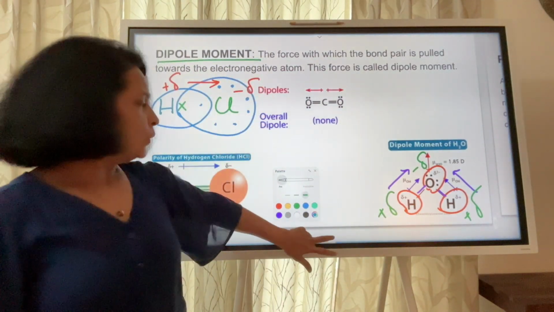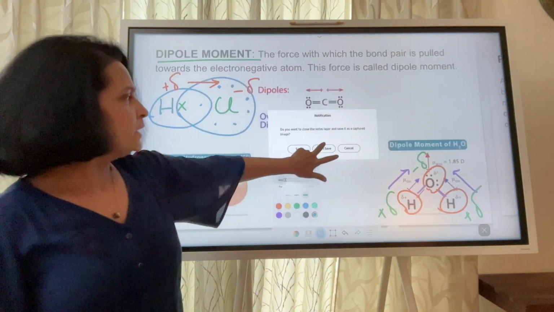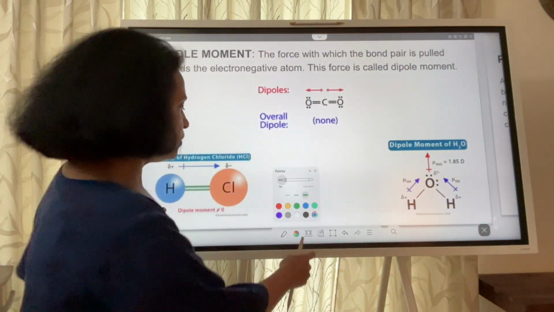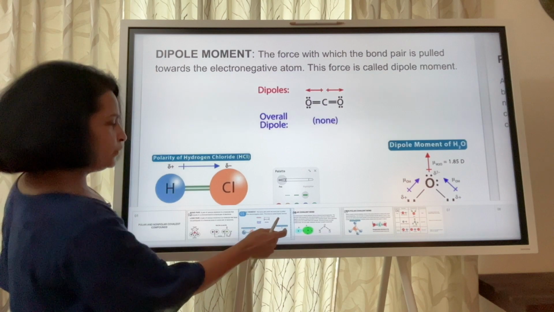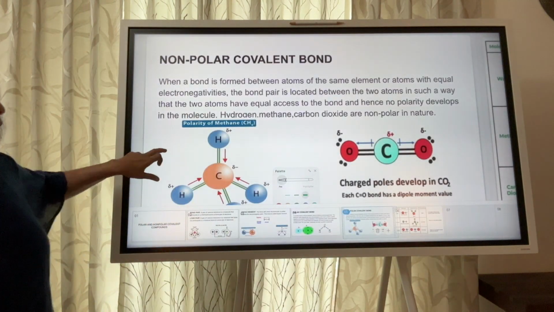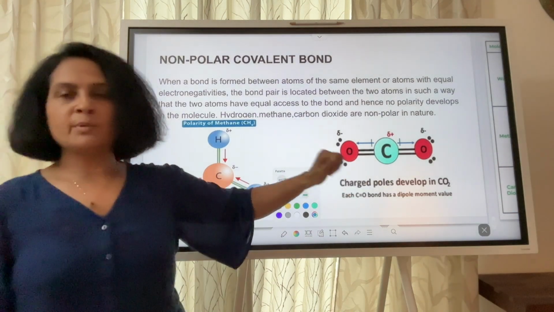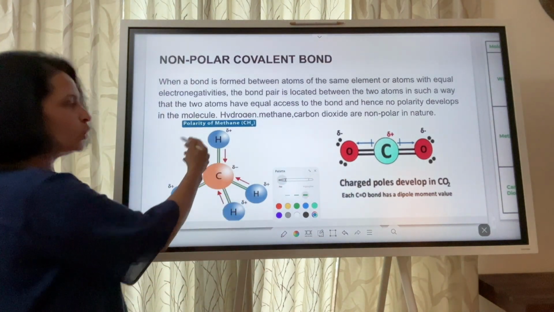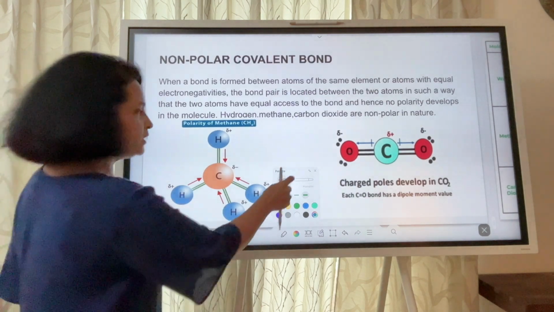Now if you take an example of methane and carbon dioxide molecules, let's see what happens. So in a methane molecule, how is it different?